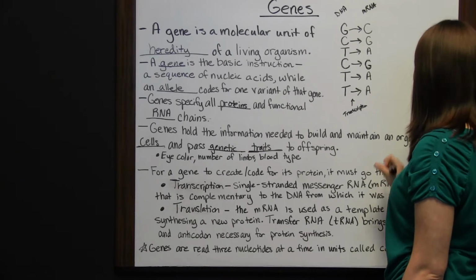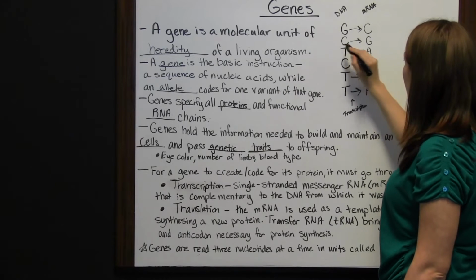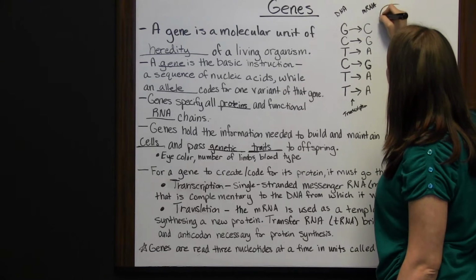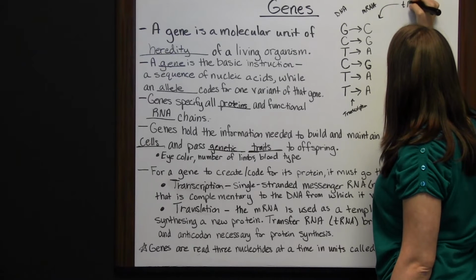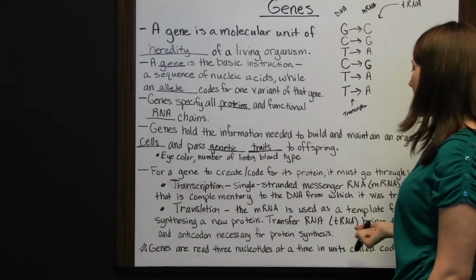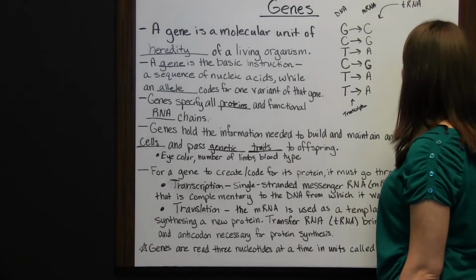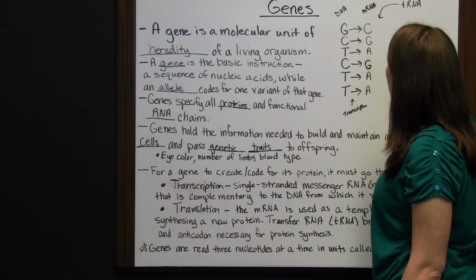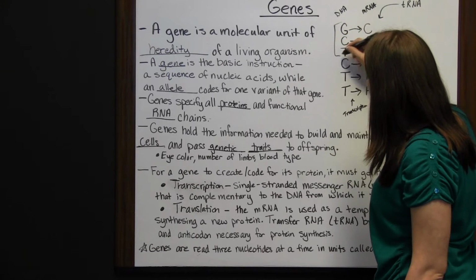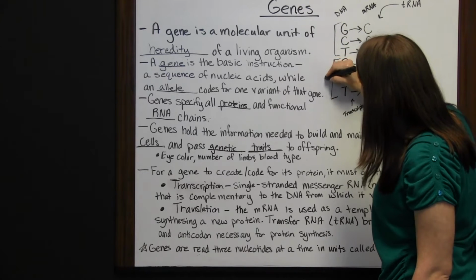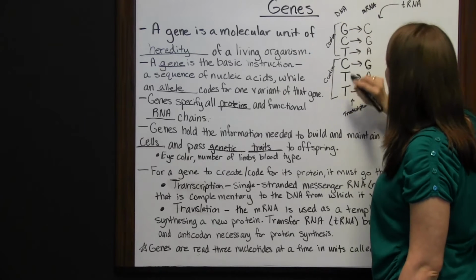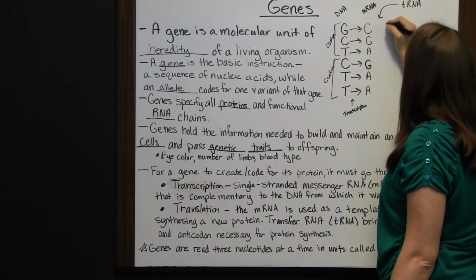So the messenger RNA has the pairs that would have gone with the DNA, and so in comes your transfer RNA, which is going to have its amino acids and the anticodon that's necessary for each of these. So each set of 3 is a codon, and it gets transferred over.